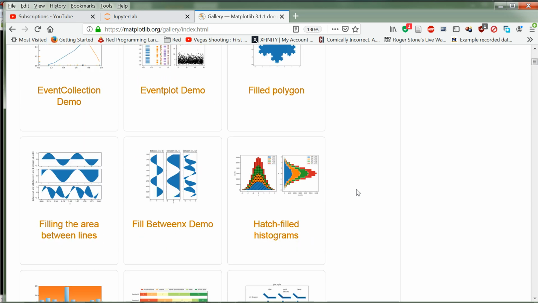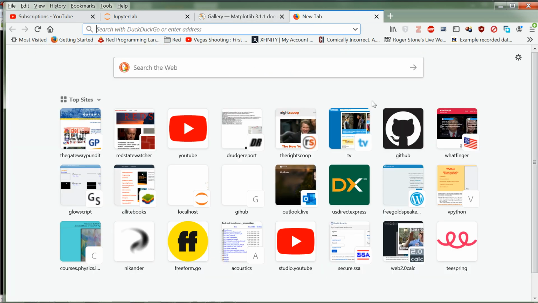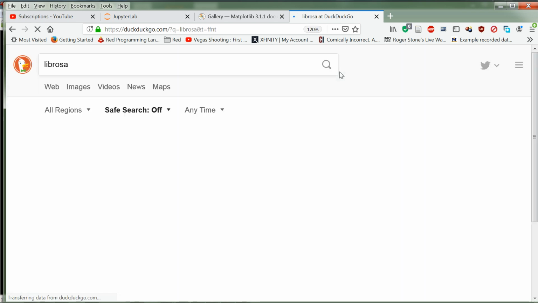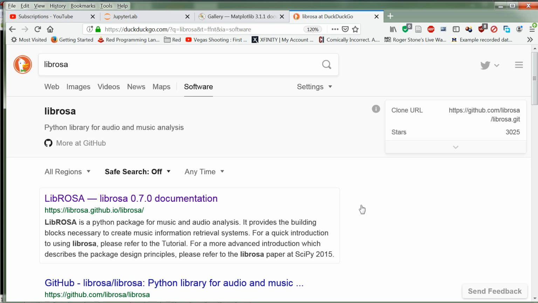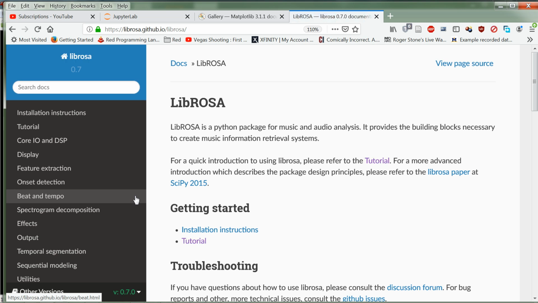Okay. Similarly, there's another library that I use called Librosa, and you type it in and up will pop Librosa 0.70 documentation. And you can go here. This is a little bit more technical, but anything that's contained in this library I can incorporate into my program in fairly short order.